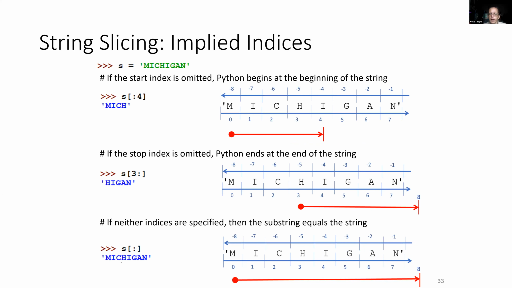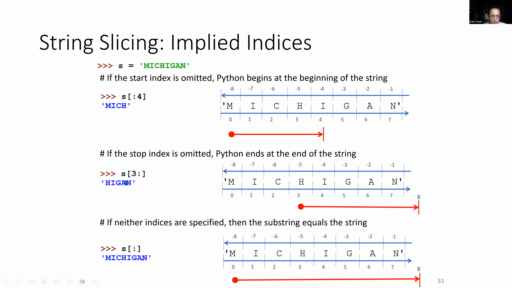There are also implied indices. Again, this is Python attempting to be helpful. If the start index is omitted, Python assumes that you want to begin at the beginning of the string. Notice here we have S of nothing up to 4. Python assumes you want to start at the 0th index, so it will slice out 0 up to but not including 4.